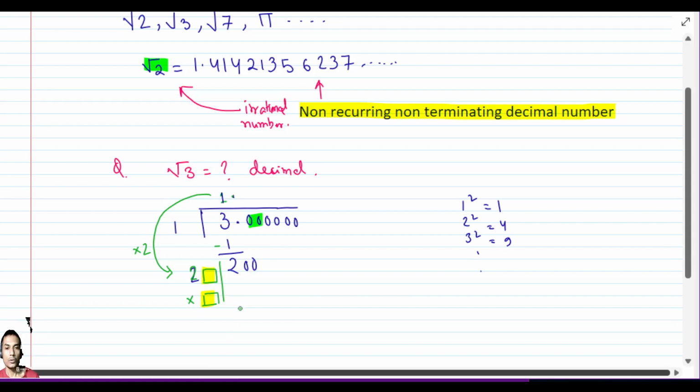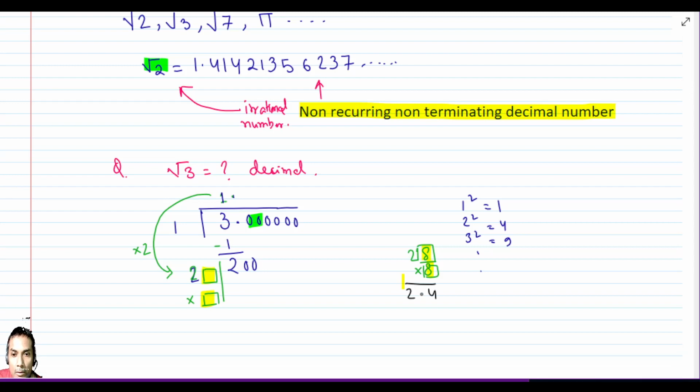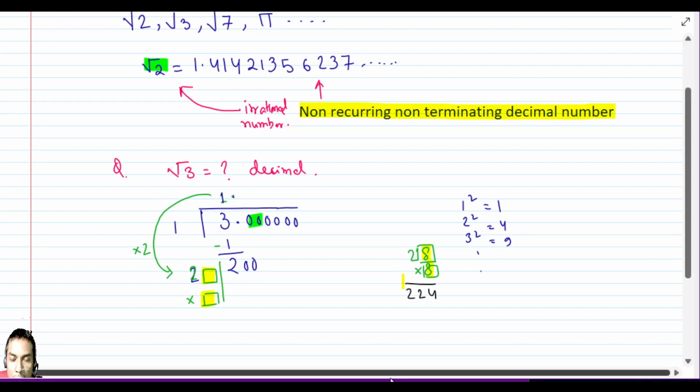So if you consider 8, 8 into 8, then what value will you get? 224.